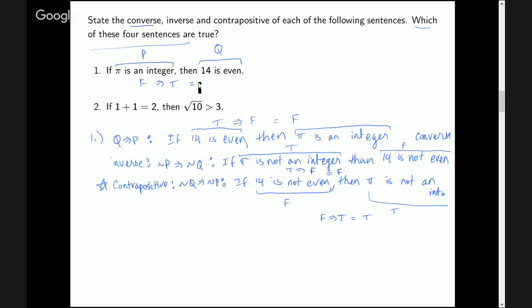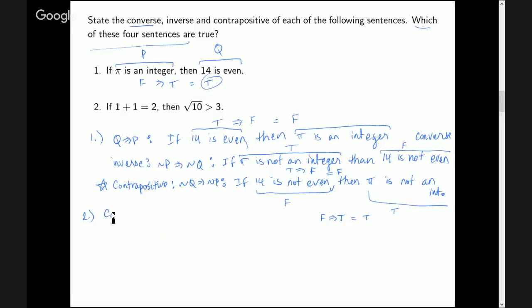So false implies true is true. So notice that the original and the contrapositive have the same truth value. They're both true. The converse and the inverse are both false. We're going to find that's actually going to be a theorem of ours. The contrapositive is going to have the same truth values as the original.